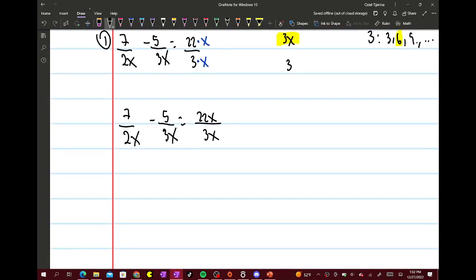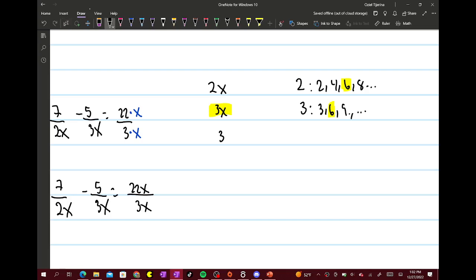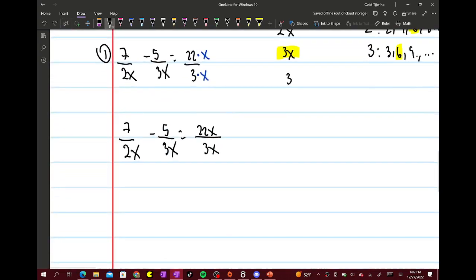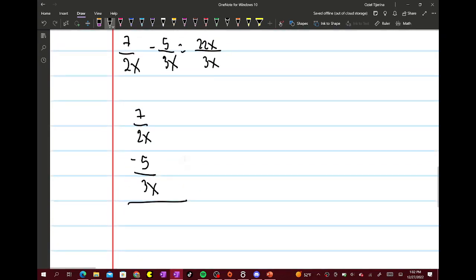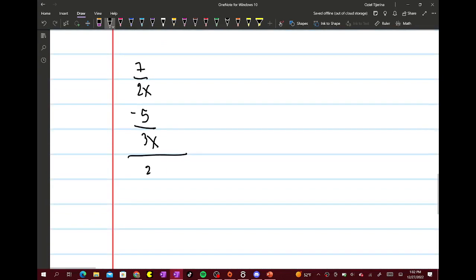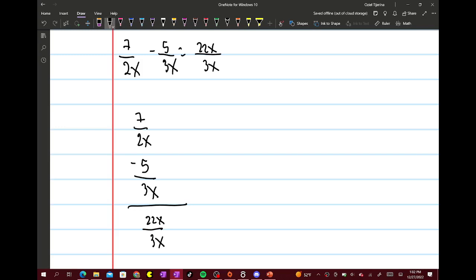Like I said, they have to have a common denominator, which can be 6x. So 7 over 2x minus 5 over 3x is equal to 22x over 3x, and all of these can be set equal to 6x on the bottom.